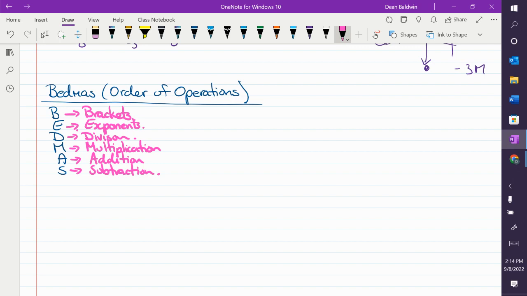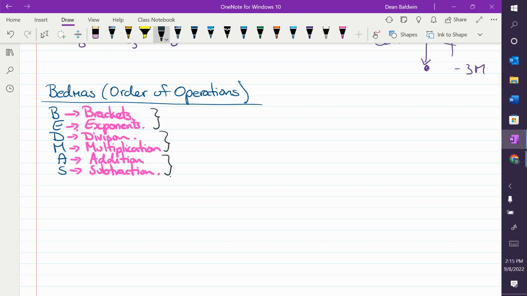How are they grouped? Like the order in which it goes. Yeah, exactly. So brackets first, then exponents, then division, then multiplication. Does it matter within the group the order that you do things in?